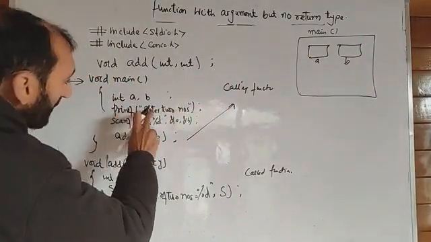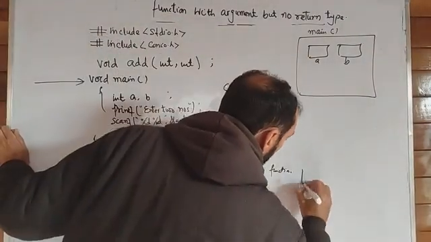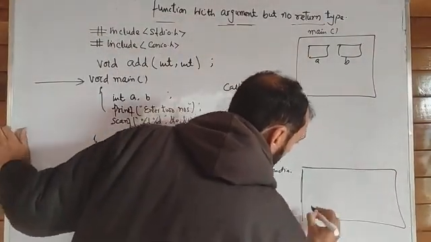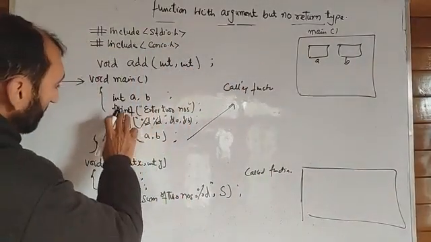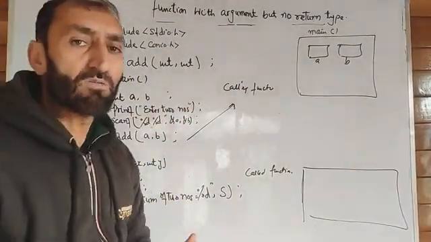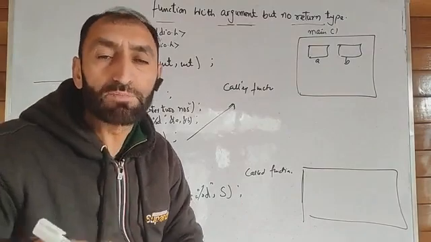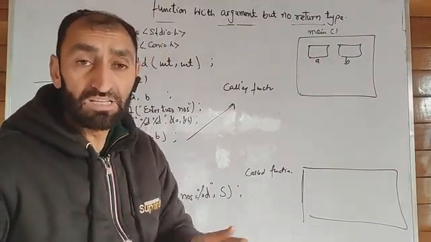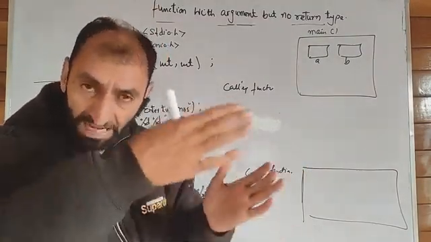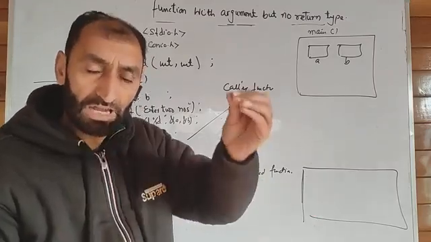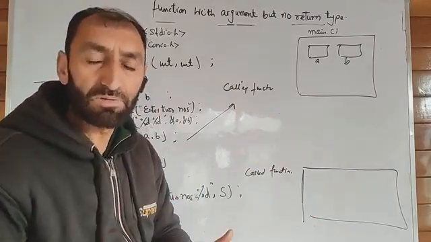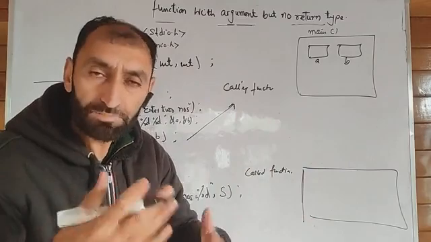Printf, and for example, suppose this is my output screen. Printf means I want to take two numbers from the user at runtime. That means the choice is up to the user.